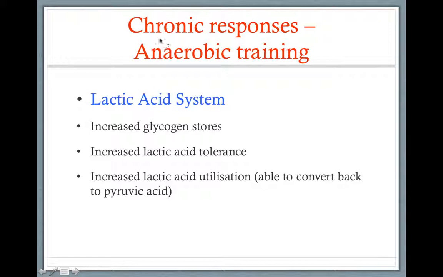If as a result of a 6 to 8 week training program, I've increased my glycogen stores, I'm actually going to be able to run that 400 metres faster because I've got more glycogen, which I need to work at an anaerobic level. I've got an increased tolerance to lactic acid. So what I'm able to do is actually run that 400 metres a little bit faster.